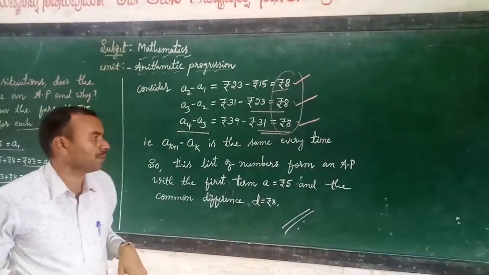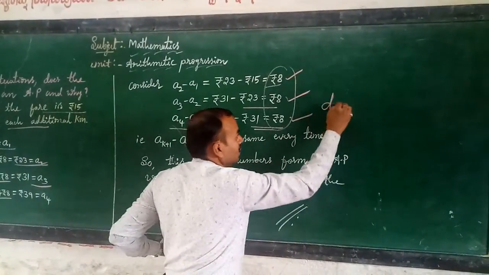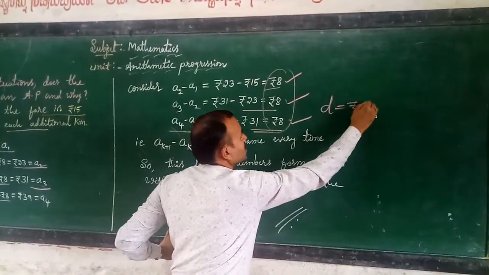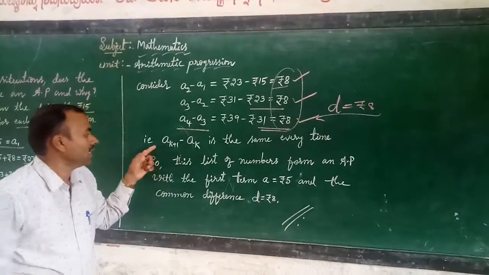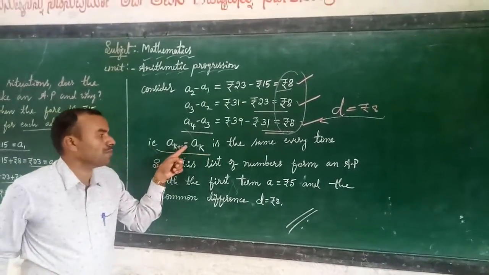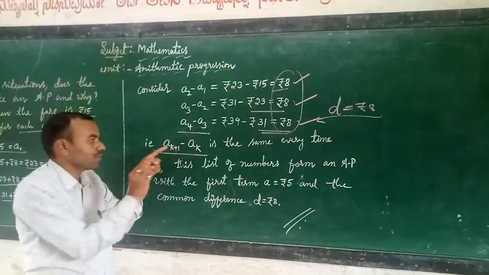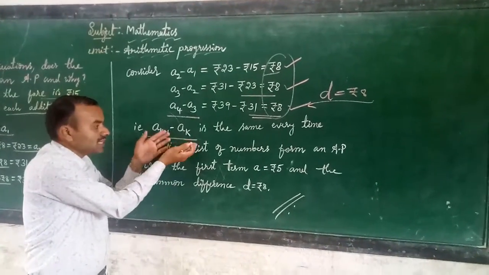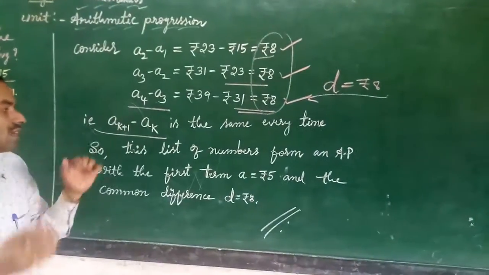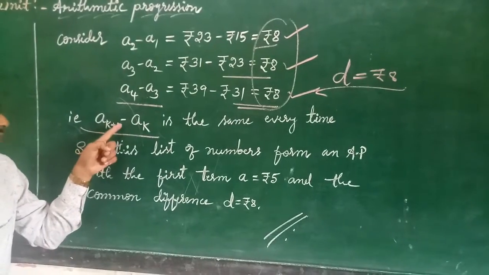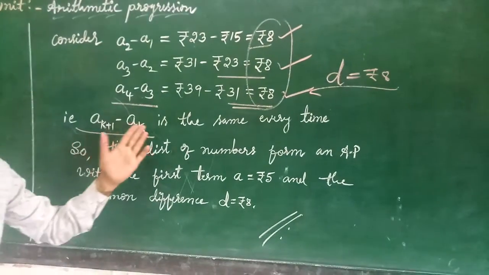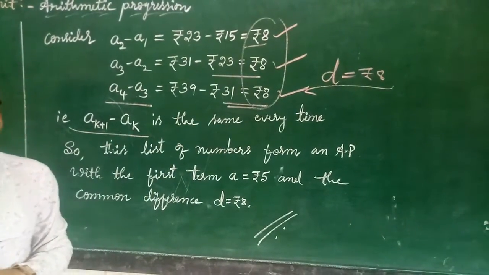The differences are the same. Here d is constant, d is ₹8. So that is a(k+1) minus a(k), the succeeding term minus its preceding term. In general, a(k+1) minus a(k) is the same every time.